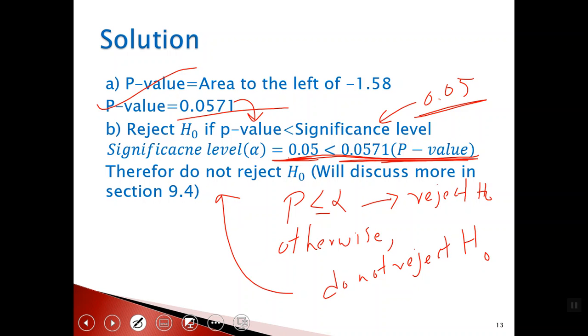Clear? Here the p value is greater than the alpha value, so you cannot reject H naught. We will discuss more examples in section 9.4.